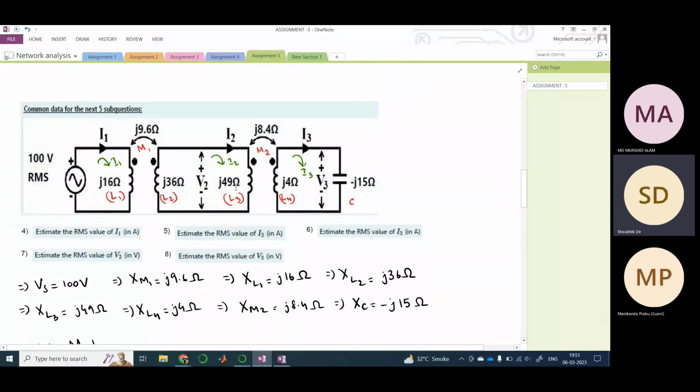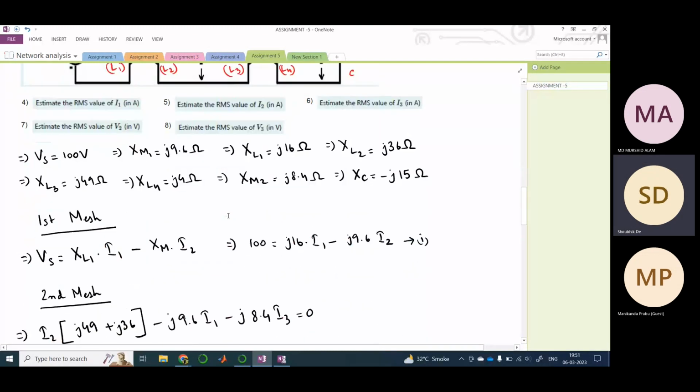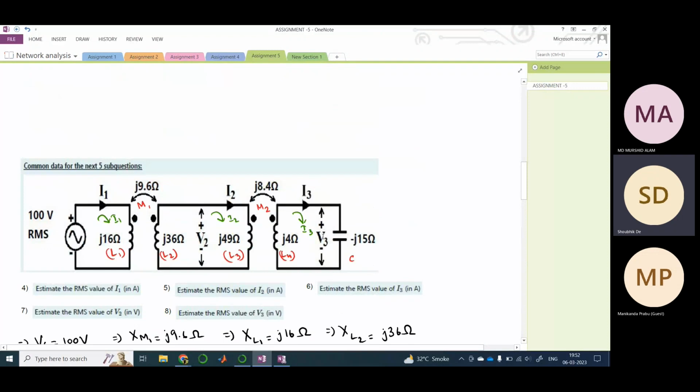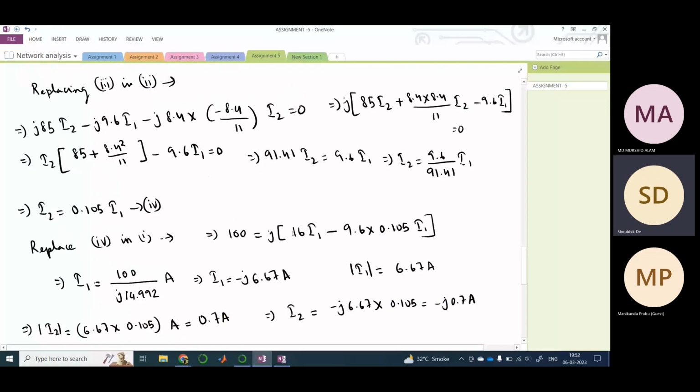Now if we consider L3, you need to consider the mutual inductance M2 as well as L3, and if you consider L2, you need to consider L2 as well as M1. Similarly here: if you consider C, you don't have any mutual inductance, because a capacitor doesn't have a dot convention or anything like that. But if you consider L4, you need to calculate the potential difference across it, and also consider M2. Okay, so this is pretty straightforward.